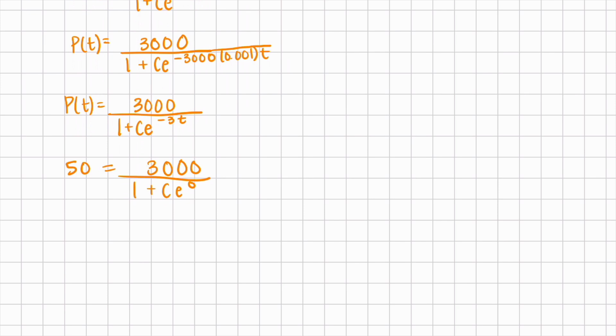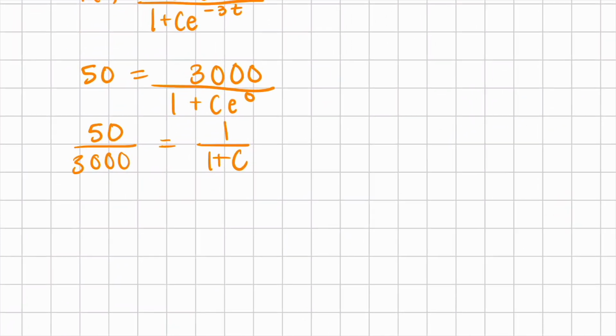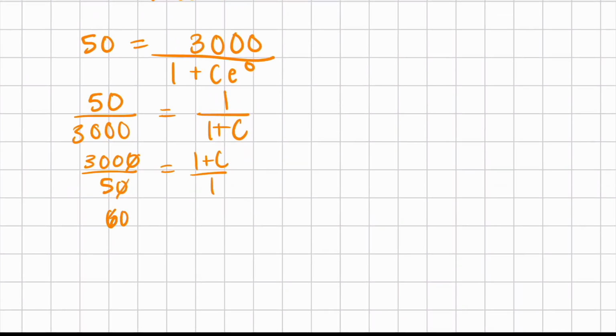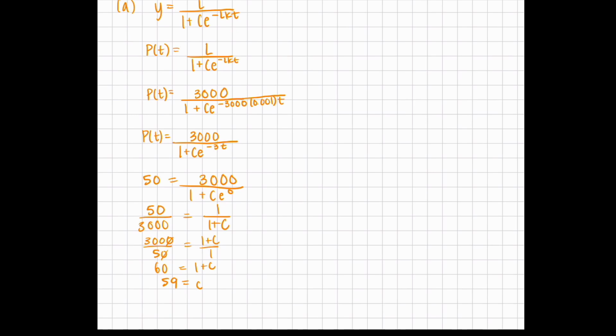Let's solve for C. 50 over 3,000 equals 1 over 1 plus C. So let's flip these. I get 3,000 divided by 50 equals 1 plus C. 3,000 divided by 50 is going to be 60. So C equals 59.